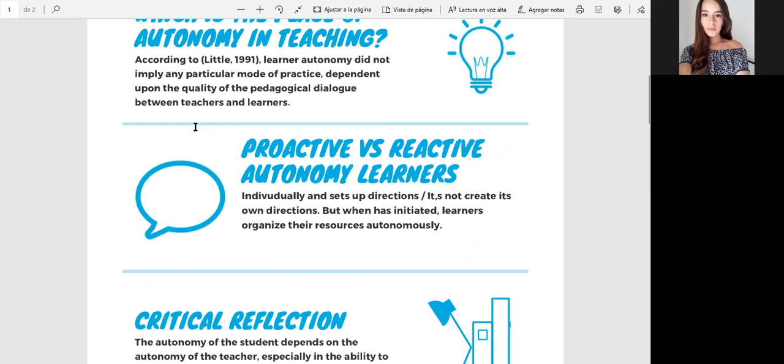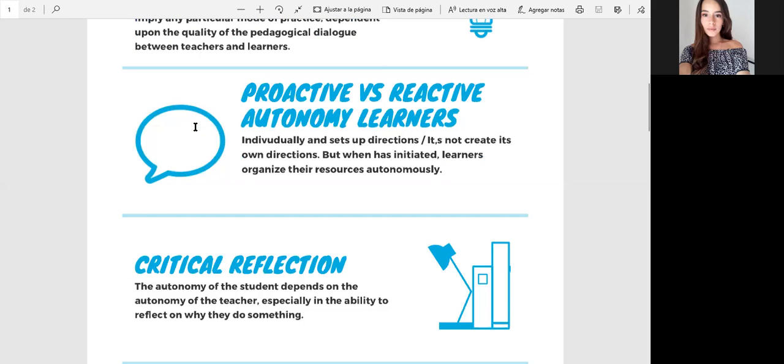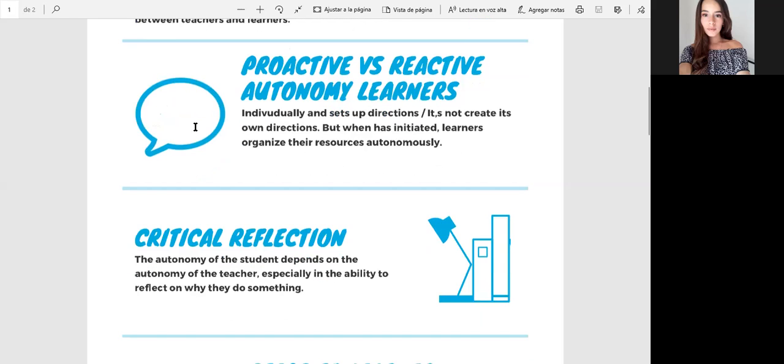Proactive versus reactive autonomy learners. Proactive learners individually set up directions. And in the case of reactive autonomy learners, they do not create their own directions, but when it has been initiated, learners organize their resources autonomously. Next is critical reflection.